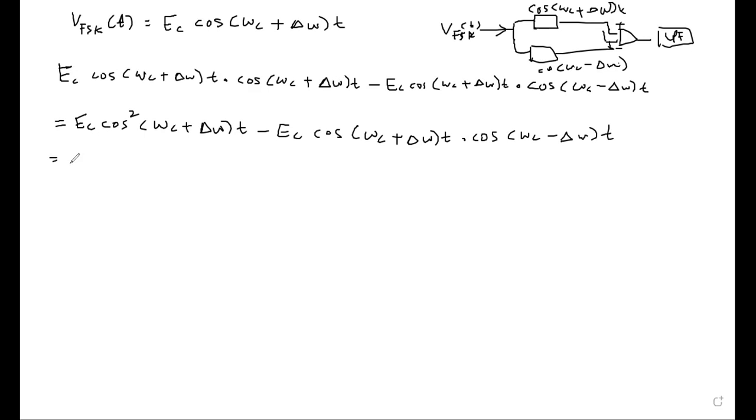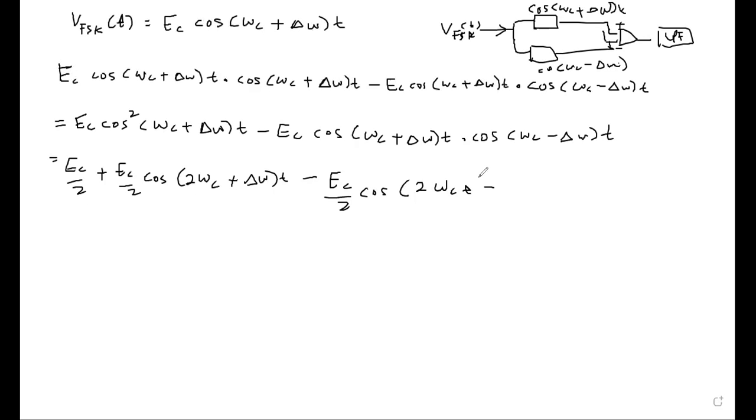Solving, we get EC over 2 plus EC over 2 cos (2 omega C plus delta omega) T. Then for this part, we get minus EC over 2 cos 2 omega C T, minus EC over 2 cos 2 delta omega T. Here you can see these are the DC voltage and all the higher frequency components.